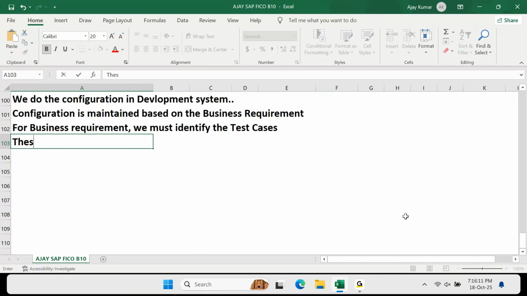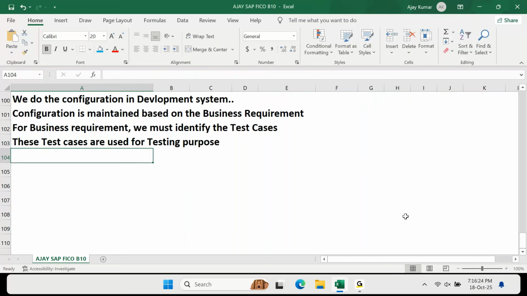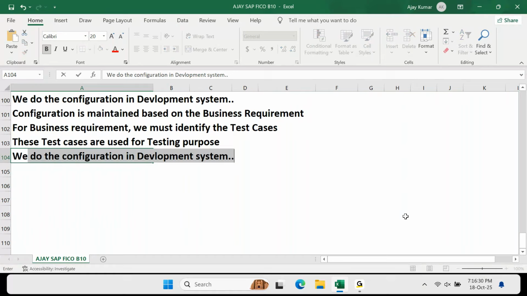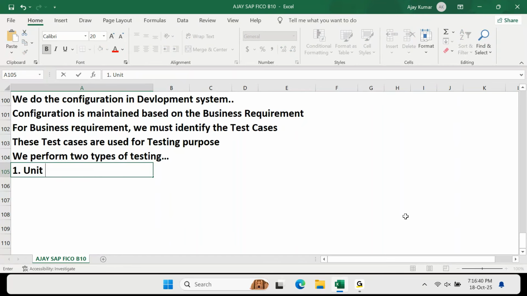Now, these test cases are used for testing purposes. The name itself is telling: a test case. You need to use these test cases for testing. Here we perform two types of testing. One is unit testing.